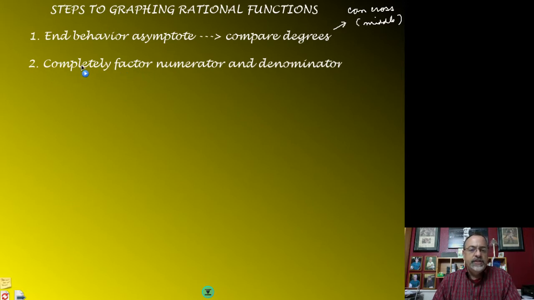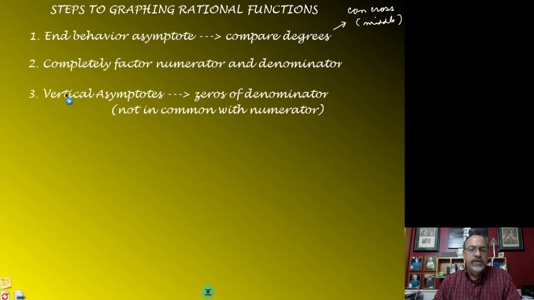Okay? Step 3 then is we're going to determine the vertical asymptotes. The vertical asymptotes are determined by the zeros of the denominator, which is why we needed to factor it. So any linear factor of the denominator will create a 0, which means that will be where the vertical asymptotes occur. Now, unlike the horizontal asymptotes, the graph can never cross your vertical asymptote.